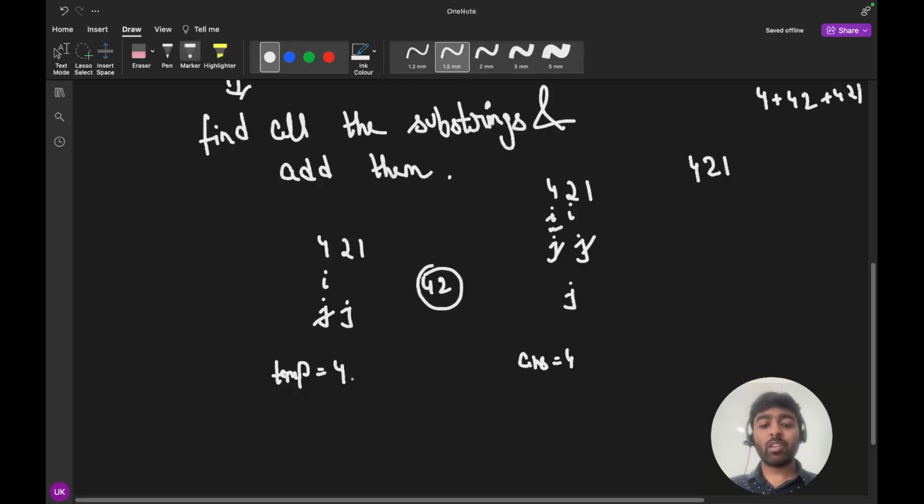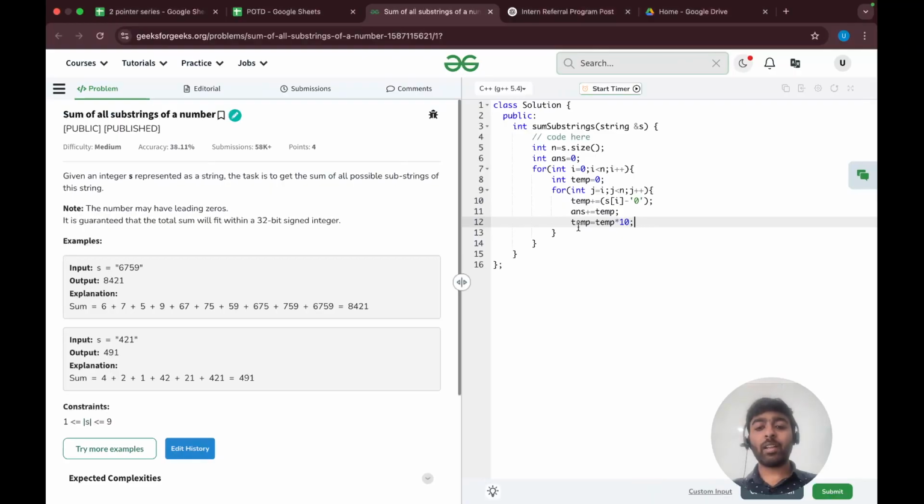If you just simply add 2 to it, it will give you 6. That's why we multiply this 4 by 10, and then we add 2, so it becomes 42. Correct? That's why I have multiplied by 10 here. In the end we will return answer.